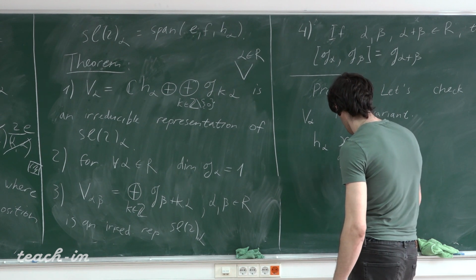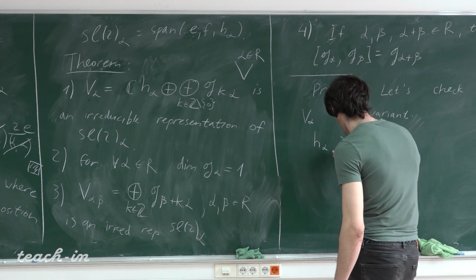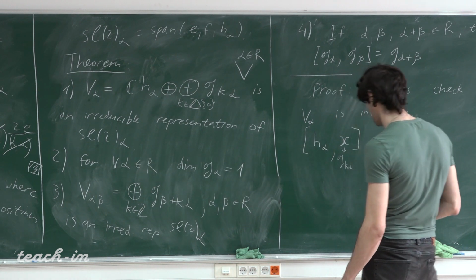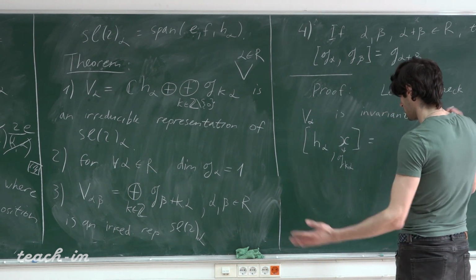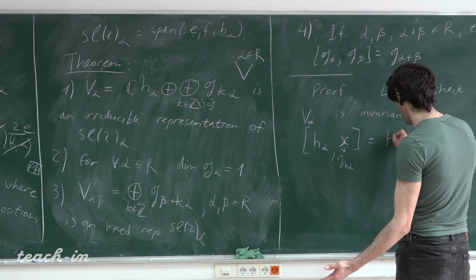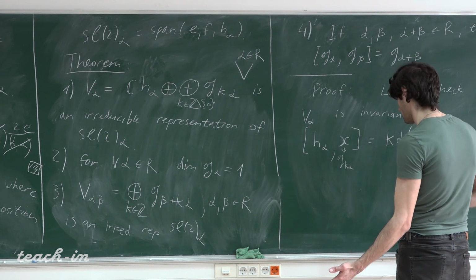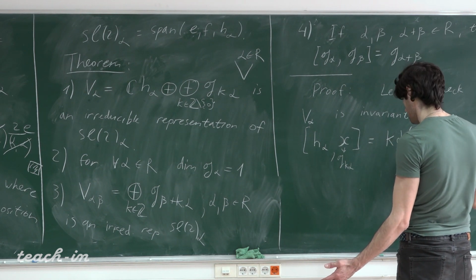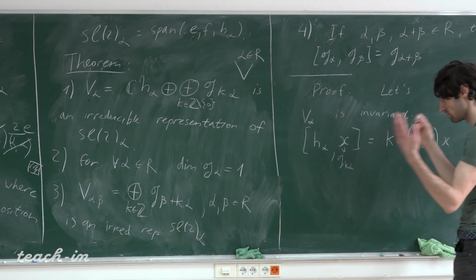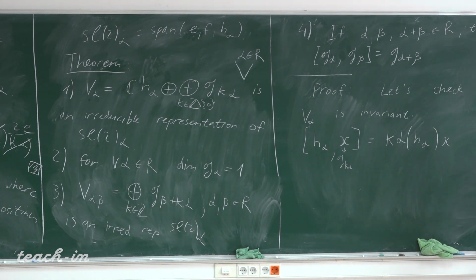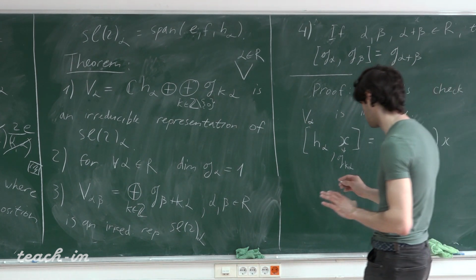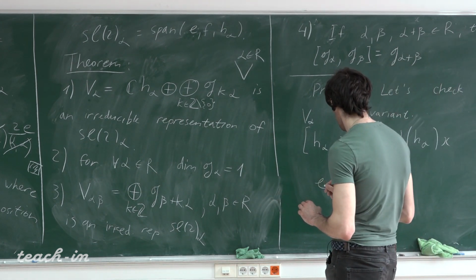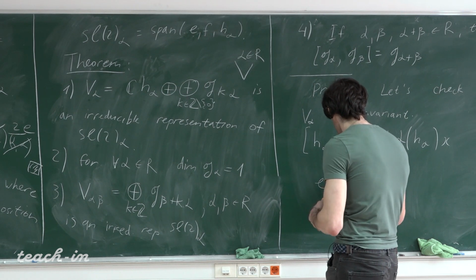So this belongs to G K alpha. When I act, it means I take a commutator. So this is just K alpha of H alpha and then X. So obviously it's still in there, right? It just doesn't move. What if I take E and apply it to the same X?